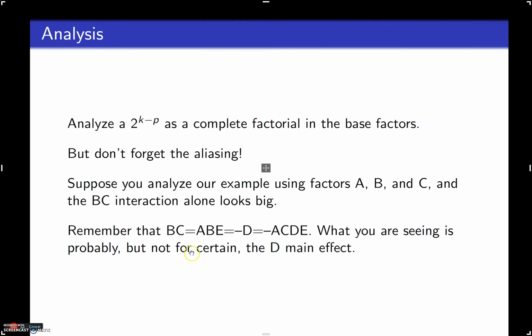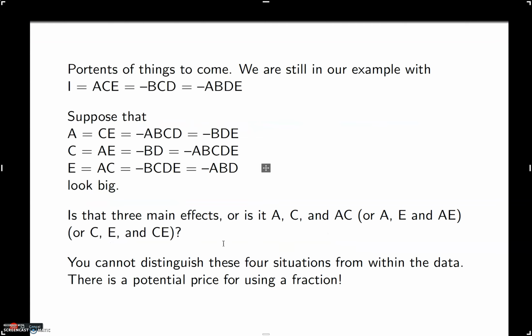So if this BC interaction is large, maybe what we're really indicating is that the D main effect is large. And so it gets really hard to know the interpretive meaning, the actual real life meaning of the effects you estimate in these fractional factorials.